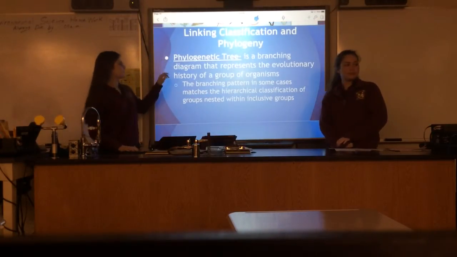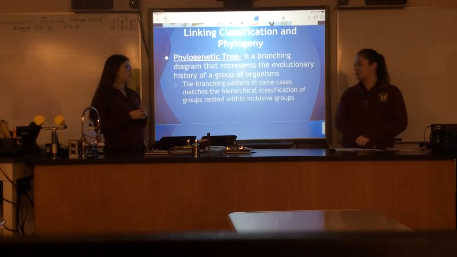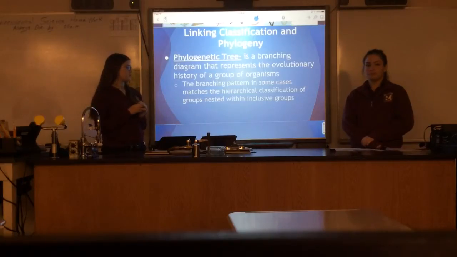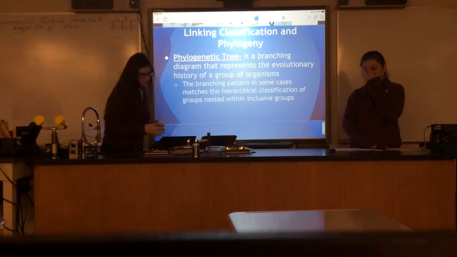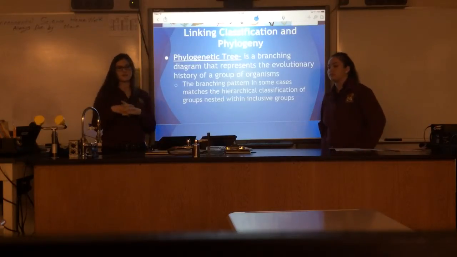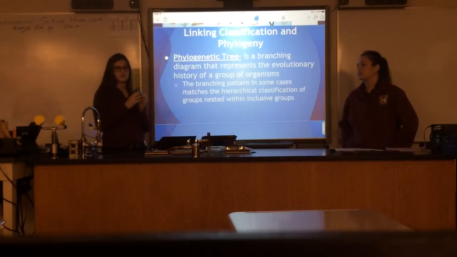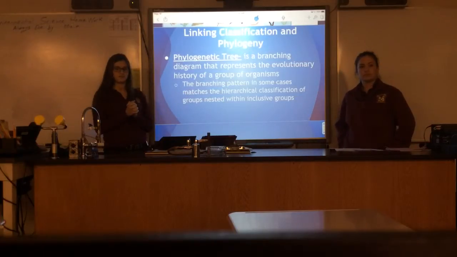Jasmine. So the phylogenetic tree is a branching diagram that represents the evolutionary history of a group of organisms. The branching patterns in some cases match the hierarchical classification of groups nesting within the inclusive groups. This can be hard though because certain similarities among organisms can lead taxonomists to group certain things together that really shouldn't have been grouped together, or they're not most clearly related, but just by physical appearance they believe that they are.